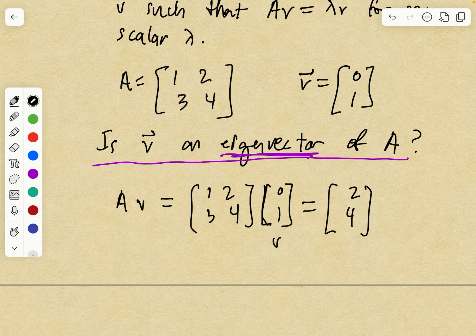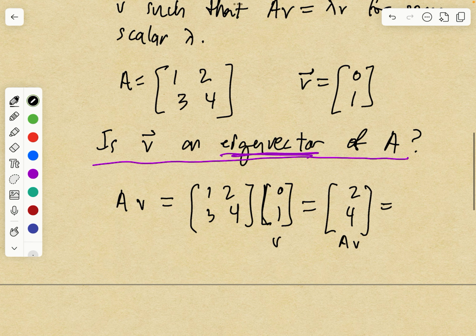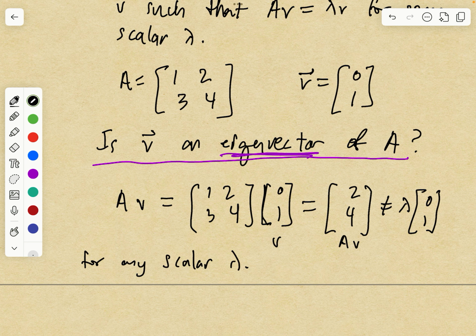So that's v, that's A times v. Is this a scalar multiple of that? Well, no, right? This is not of the form lambda times (0, 1). So it's not equal to lambda (0, 1) for any scalar lambda. So the answer to the question, is v an eigenvector of A? The answer is no. And here's the reason.